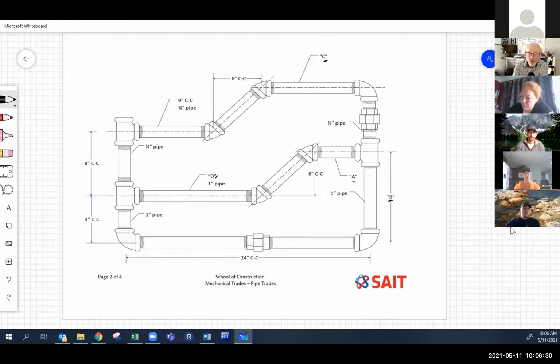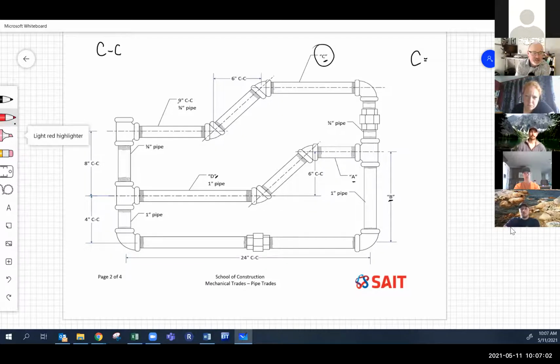So we will determine these measurements. First off, we're going to do pipe C, as you can see right here. Now, all of these measurements are going to be in center to center measurements. All right, all of them that we do here today is center to center. As you can see, they are also in center to center measurements.